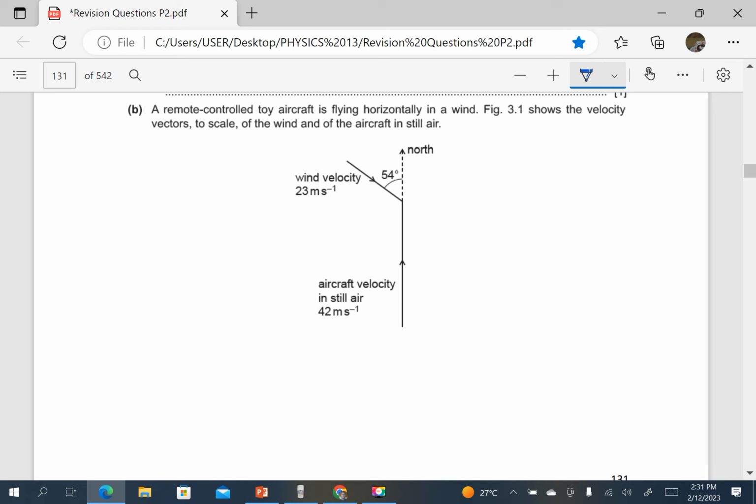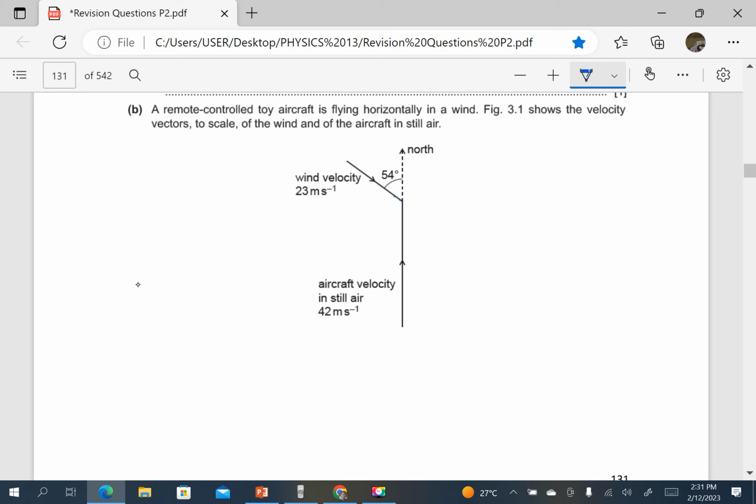The length of the line representing the velocity of the wind is 2.2 for me. So I'll extend this downwards, joining the vectors head to tail.